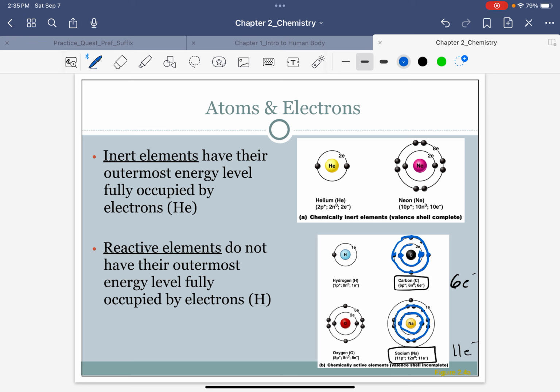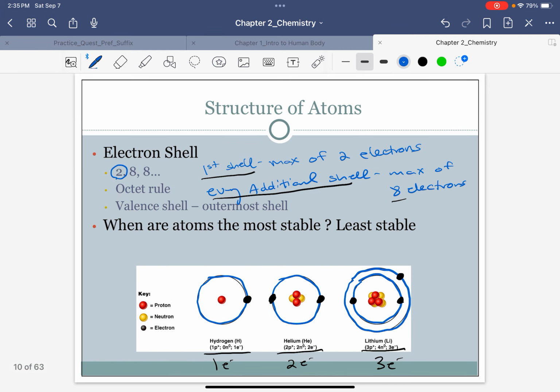We started with 2, now we're going to do 3, 4, 5, 6, 7, 8, 9, 10. I have 10 electrons. I still need 1 more. So now we have to build a third electron shell to add our 11th electron. So that's how it works.